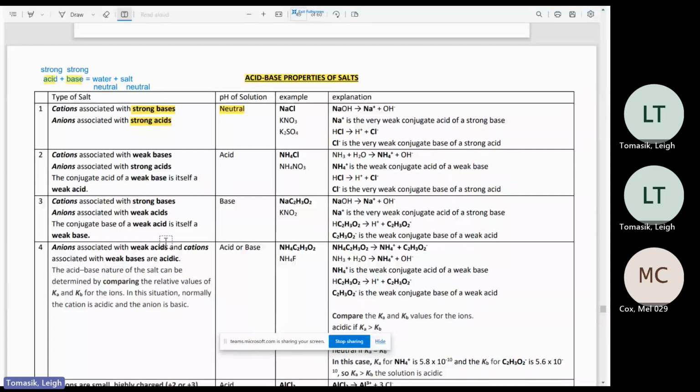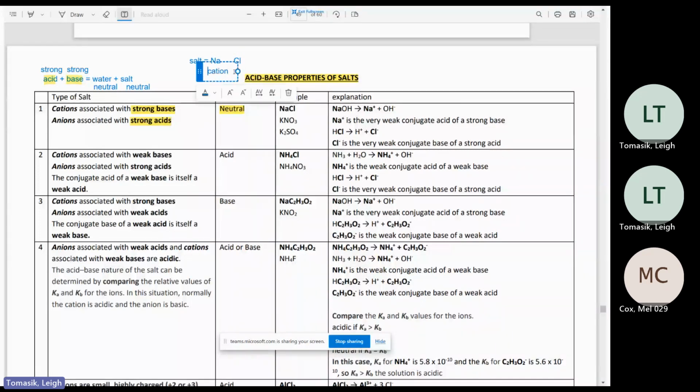Okay, so when we have a salt, for example, NaCl, the first part is called the cation.